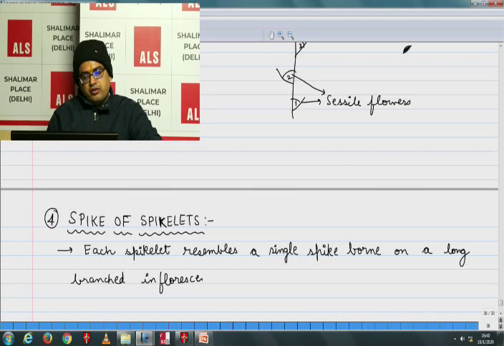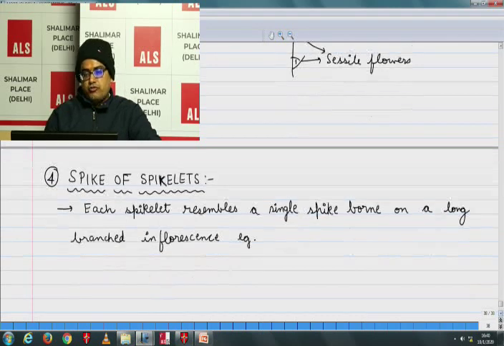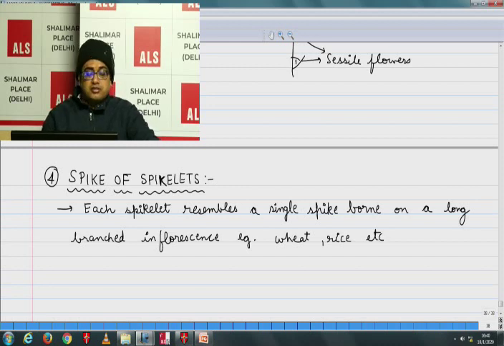A very, very good, best example of this is cereals. Example, wheat, rice, barley, maize, etc. Spike of spikelets. Okay.